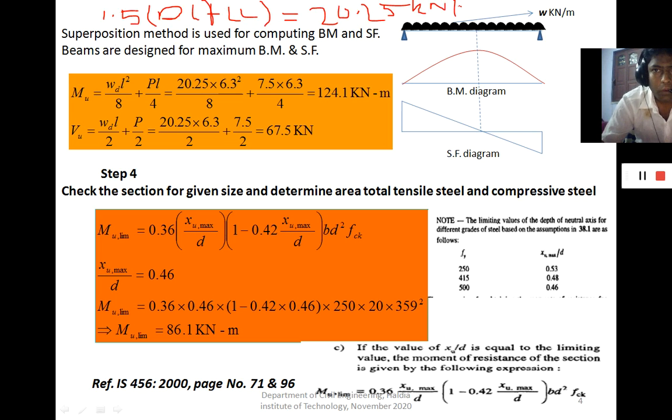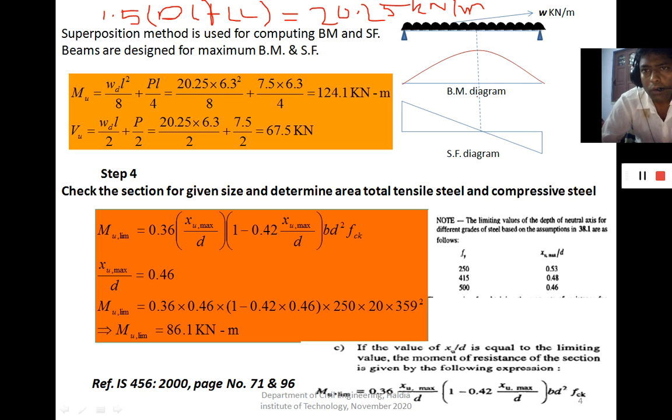As two types of load are acting, one is UDL, another is point load, so the superposition method is used. In the superposition method, we break the load into two components, meaning the two types of loads acting. For UDL we do the analysis, and for point load we do the analysis, and these results are combined.